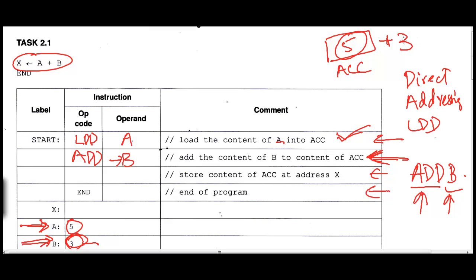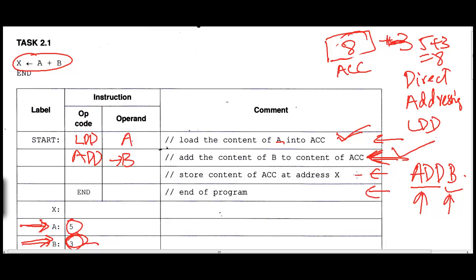So the accumulator will now have 5 plus 3, which equals 8. Our accumulator will now be updated to 8. That's the value that's going to be held in the accumulator. So this command has been executed also.